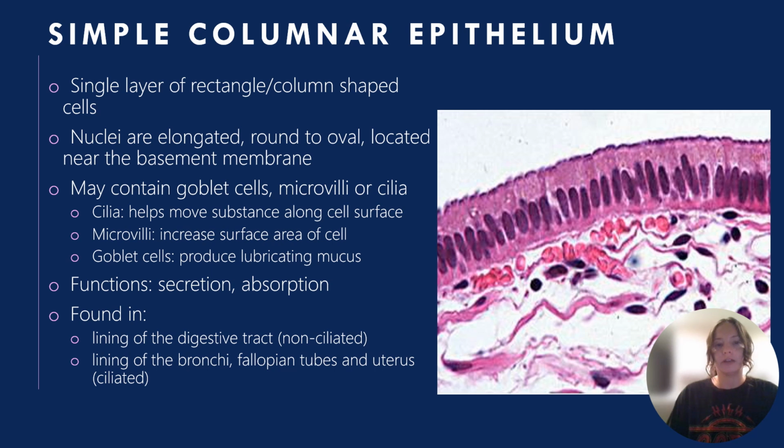The microvilli increase surface area of the cell, and the goblet cells produce lubricating mucus. Some of the functions of these simple columnar epithelium tissues are secretion and absorption. These can be found in the lining of the digestive tract, which are the non-ciliated ones, and the ciliated ones can be found in the lining of the bronchi, fallopian tubes, and the uterus.